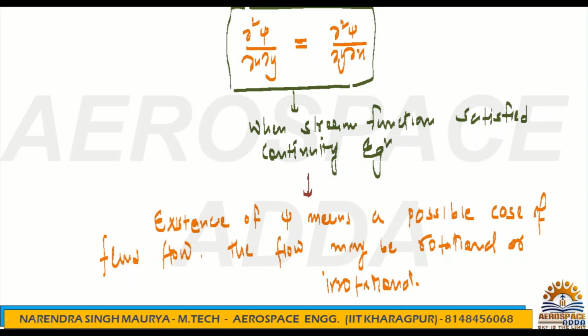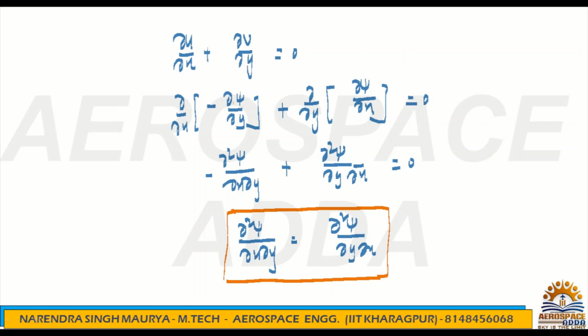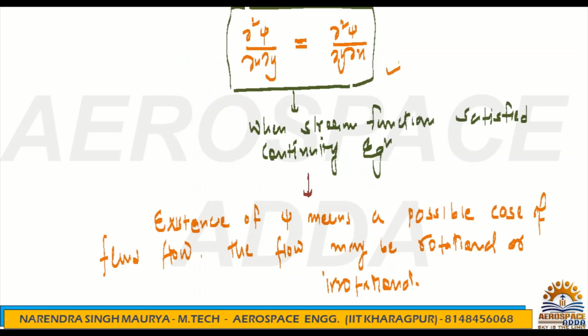Here, you took the continuity equation and satisfied it with the stream function, and then you got this result. The point is that existence of the stream function means a possible case of fluid flow.